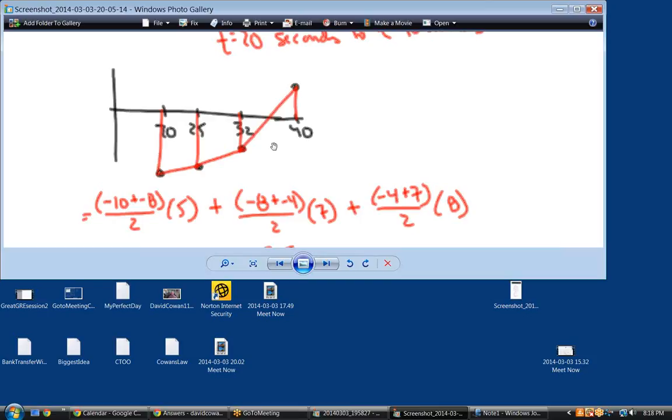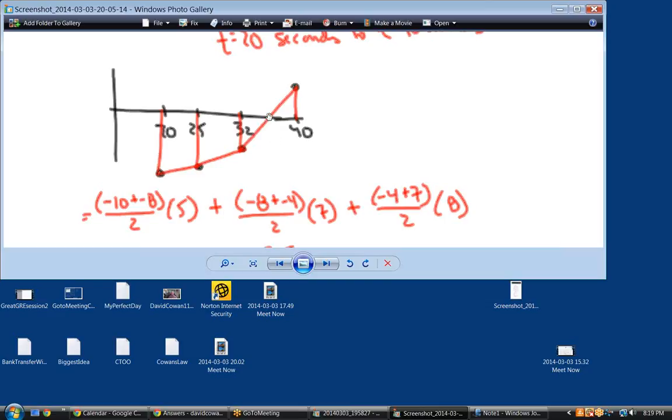So what does the velocity have to do to change direction? The velocity will change from positive to negative or negative to positive. Exactly. And it does that right there at 36. In other words, just going to 0 just means it stops.